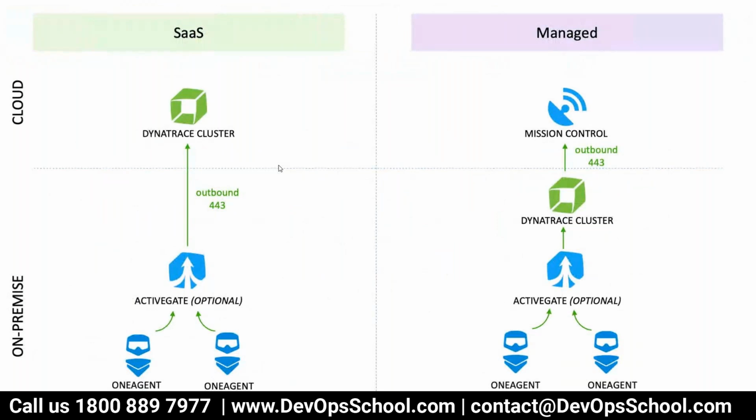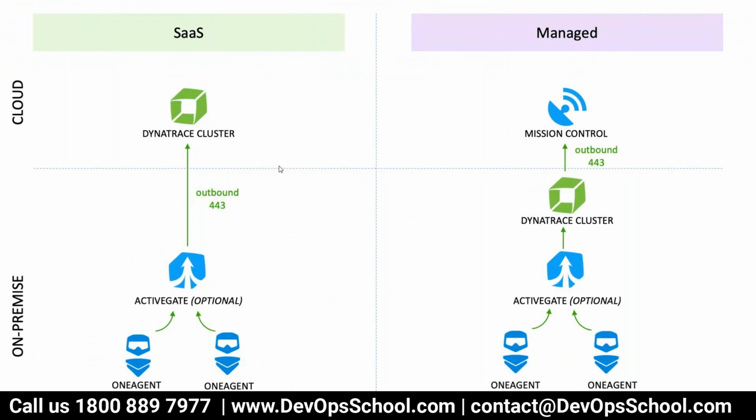Now, this image, I want you to focus on it. For this session we'll be using SaaS, but you can go for the managed one also. So see here in the SaaS based, the Dynatrace server, or you can call it a cluster, is available over HTTPS.